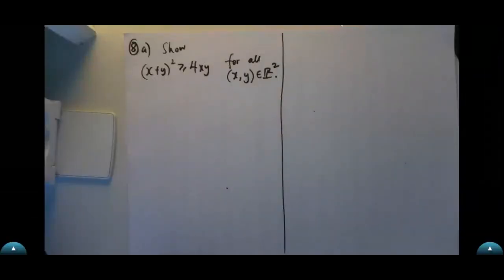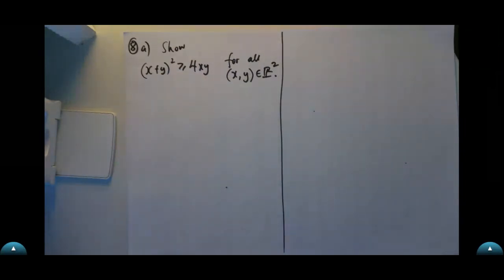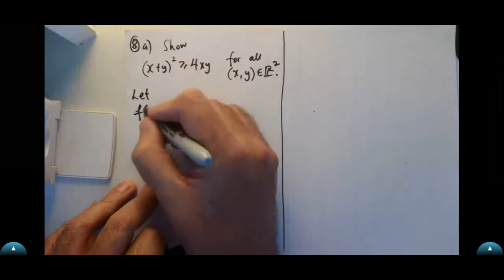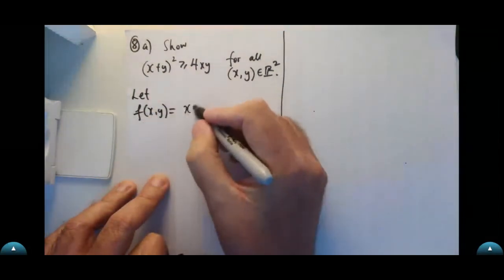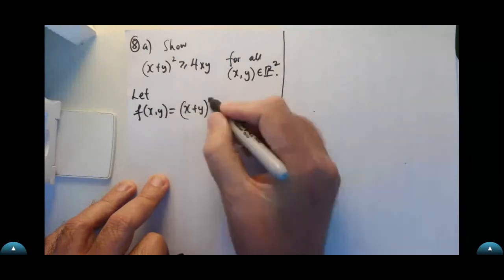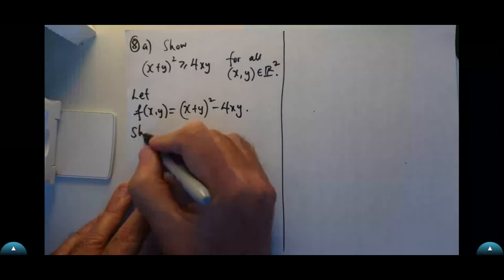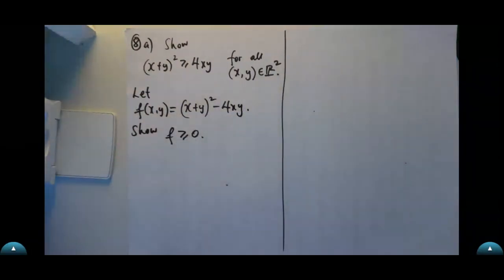So the way I'm going to do it is I'm just going to move this around and then show that it's greater than or equal to 0. So I'm going to let f of x be this minus that, and we're going to show that f is greater than or equal to 0.